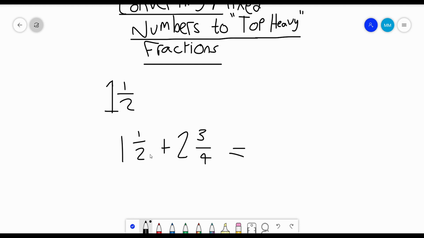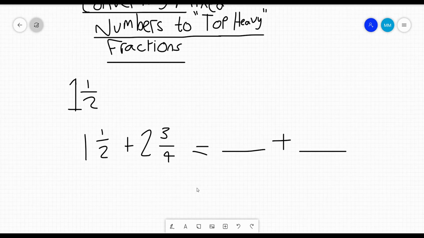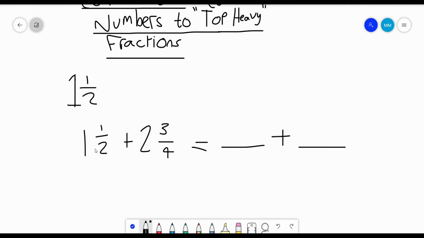So the quickest thing to do is, now let's look at this 1 1/2 first. So what you do is you see you've got the 2 there, put the 2 there.